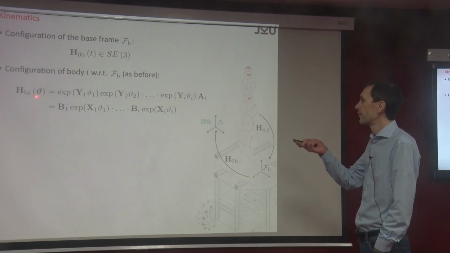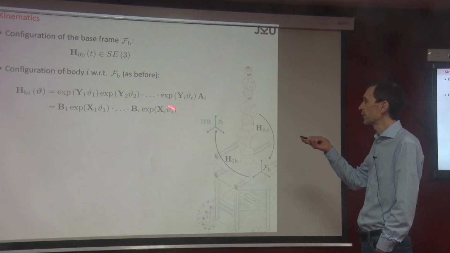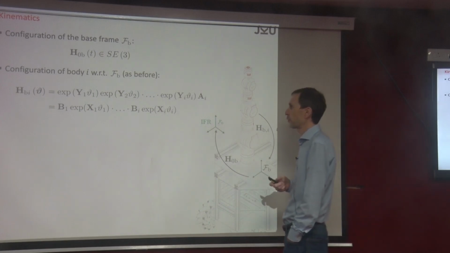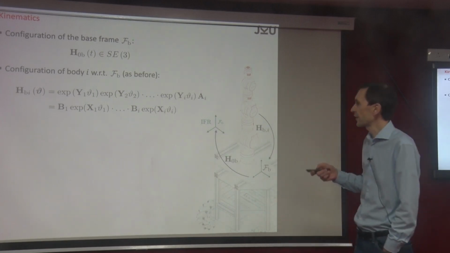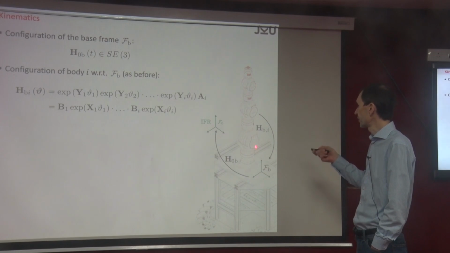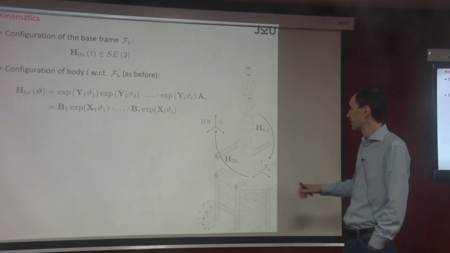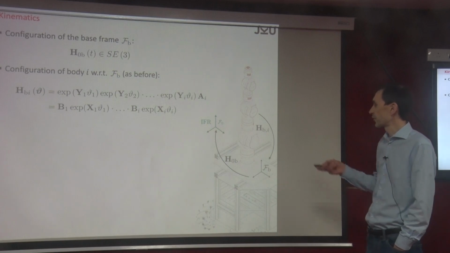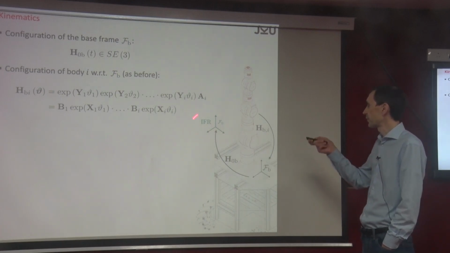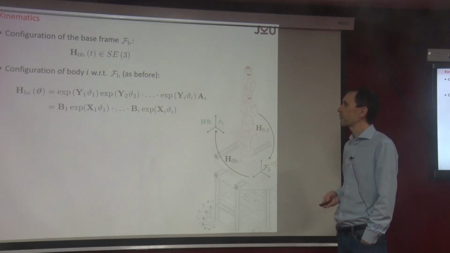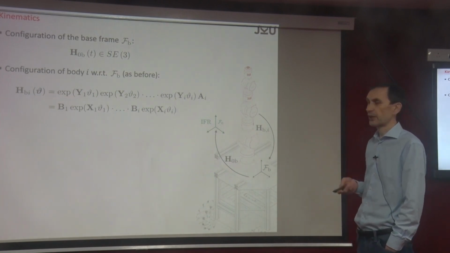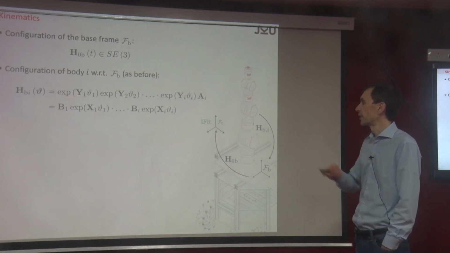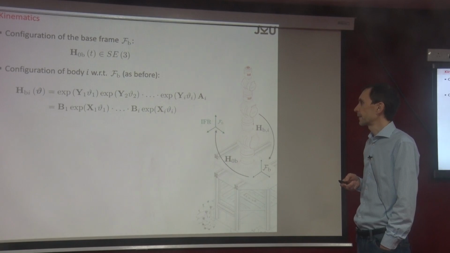Okay, so again, what we do is use the product of exponentials formula, in the sense that the motion of each of the bodies relative to the base frame, which for a stationary system was the inertial frame, has again this standard form, the one that we introduced already. Okay, that's nice.